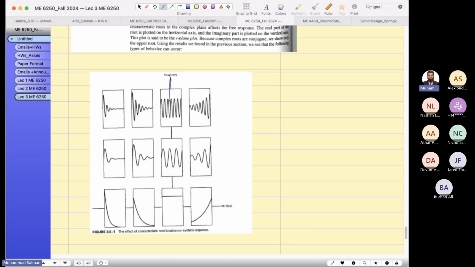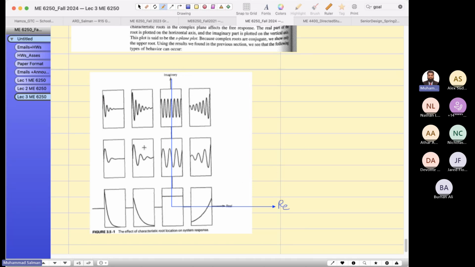If I draw it here, this is the imaginary line, this is the real line. It's like a Laplace plane. The Laplace plane consists of a real axis and an imaginary axis.